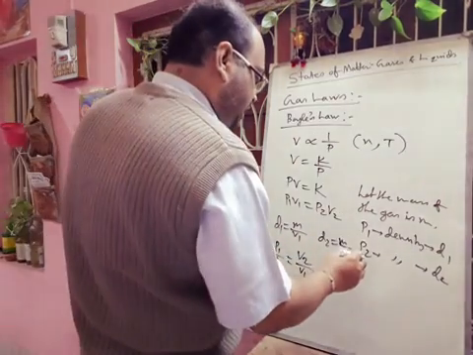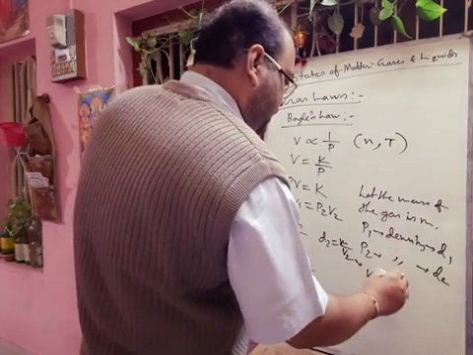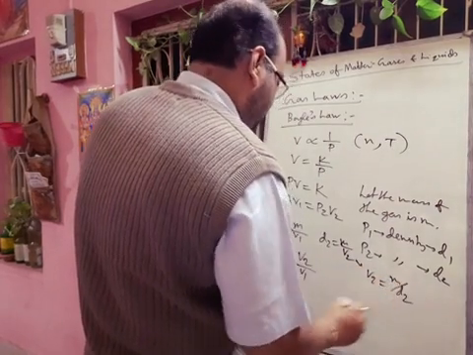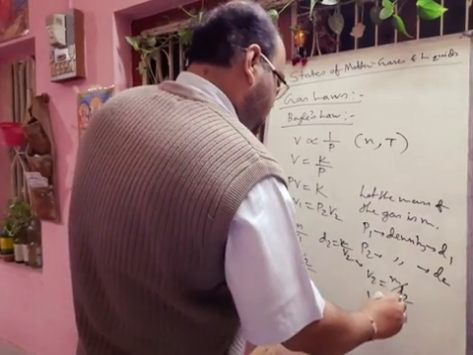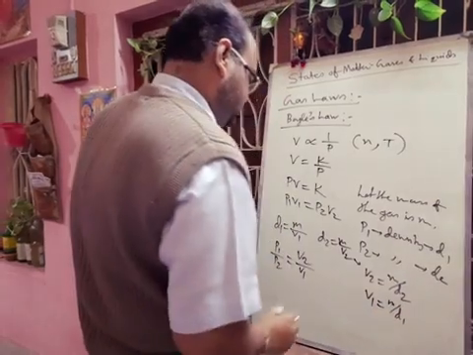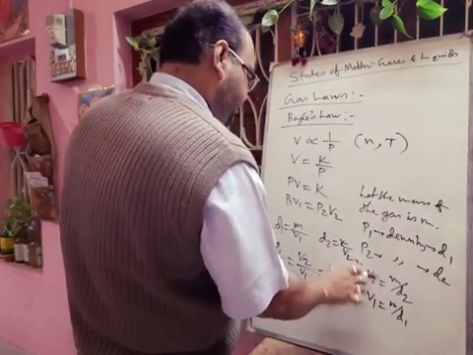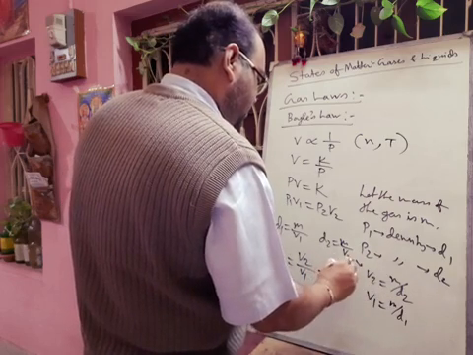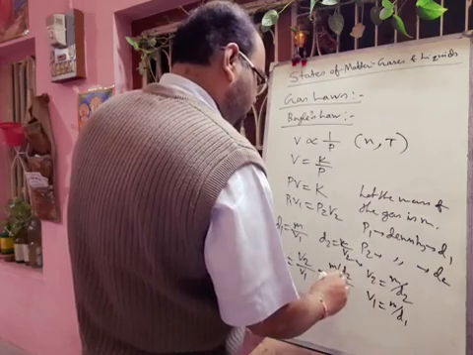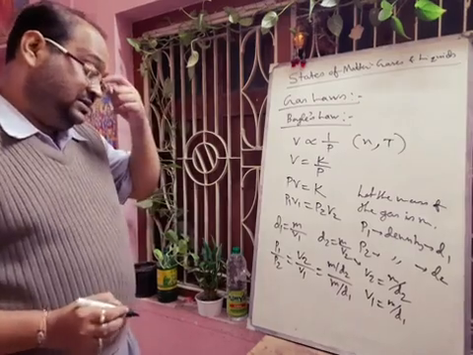So we get V2 is equal to m by D2 and V1 is equal to m by D1. Hope you can understand.